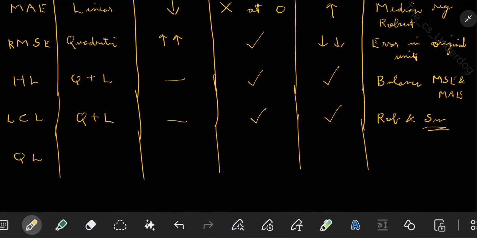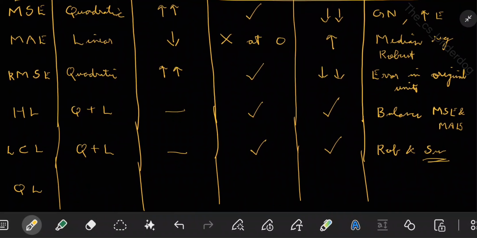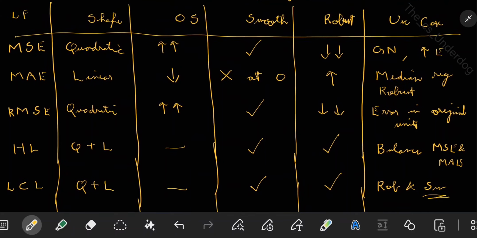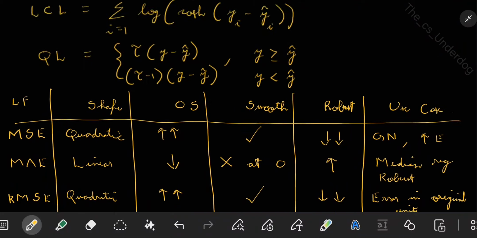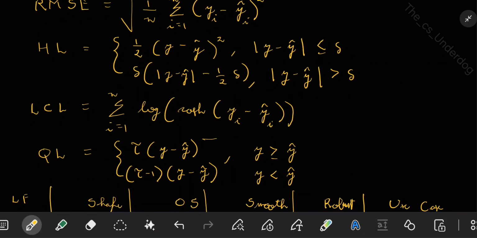So in quantile loss, what can you say about the shape? This is a kind of asymmetric linear shape, so I'll put asymmetric linear. And then what about outlier sensitivity? Coming to quantile loss, you can say outlier sensitivity is low here because, like MAE, you have a linear term.